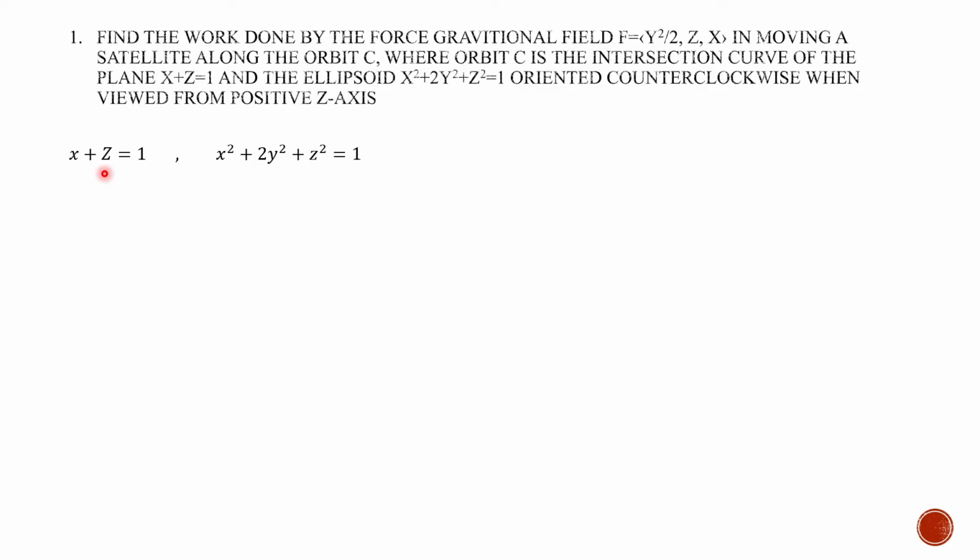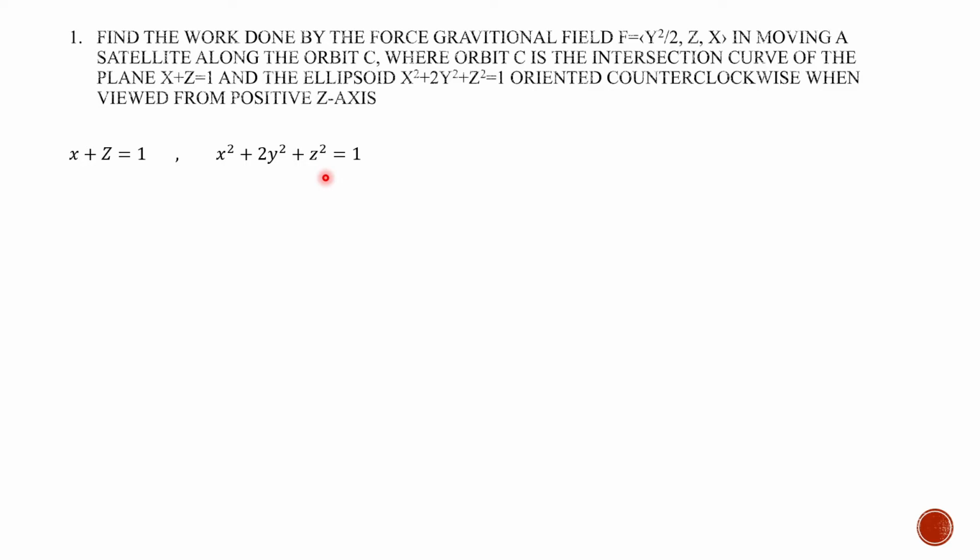First, we write the plane equation x plus z equals 1 and the ellipsoid equation x squared plus 2y squared plus z squared equals 1.